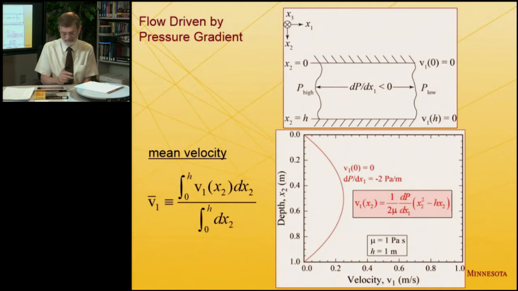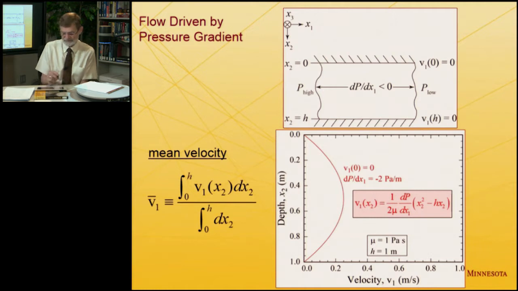Okay, so the mean velocity is defined here. It's just equal to the integral of the velocity over the height of the channel, over the position in the channel. And then you normalize that by the integral of the height of the channel from 0 to h. And that allows for the possibility that there might be variations in the height of the channel.